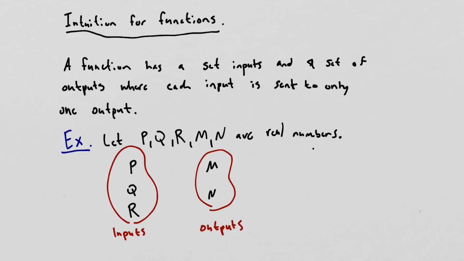Where we have that P is assigned to M, Q is assigned to N, and R is also assigned to N. So this picture is an example of a function. And the reason why this is a function is because each input is assigned to only one output. This means that each input has only one arrow emanating from it to an output.